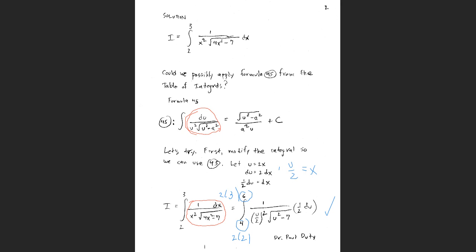And if I'm going to use Formula 45, the u squared here would have to go with 4x squared, right? Well, that means that I'm going to have to let u equal 2x if I'm going to apply Formula 45.